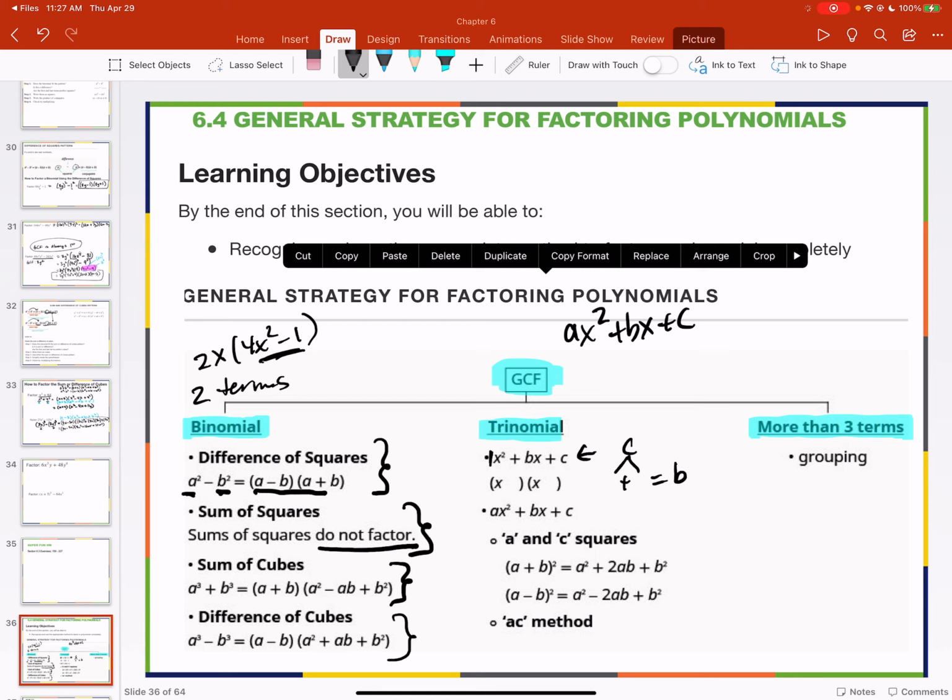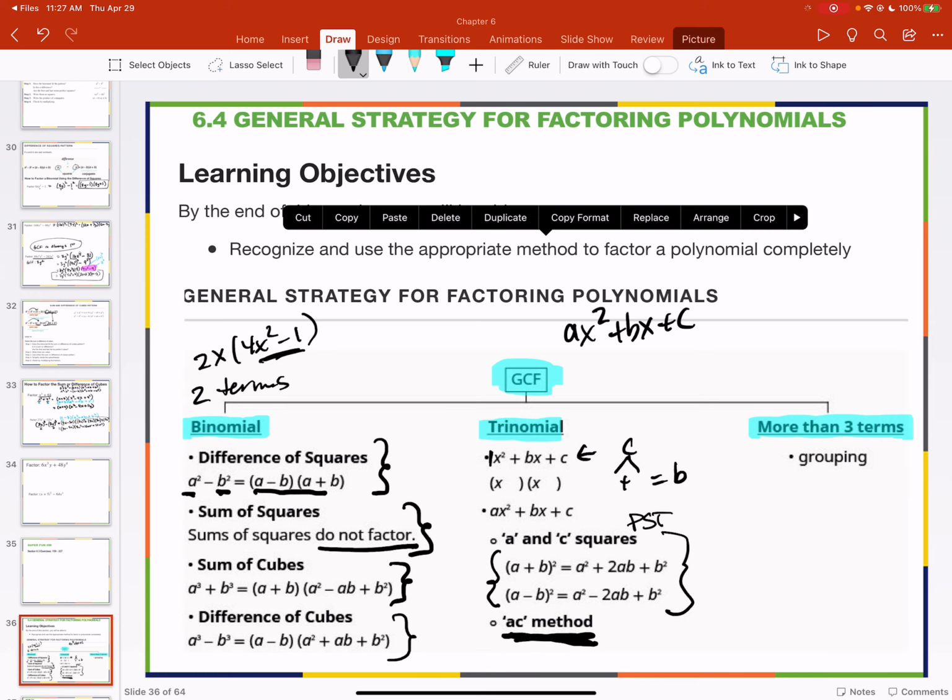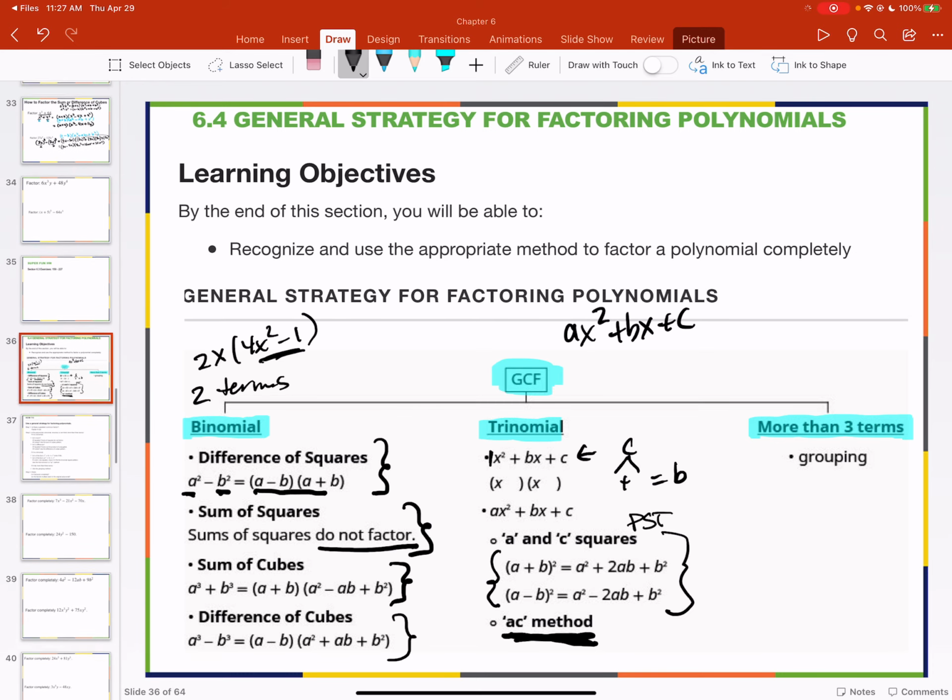If a and c are squares, it's a perfect square trinomial, and we can follow this pattern for factoring. Or finally, we could use the AC method if it's neither. And if it's more than 3 terms, we factor by grouping. We're going to do some examples from here on out, so let's get factoring.